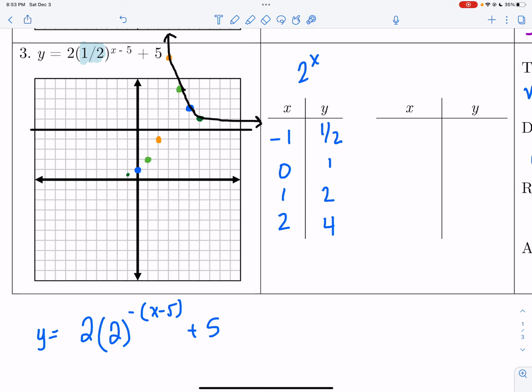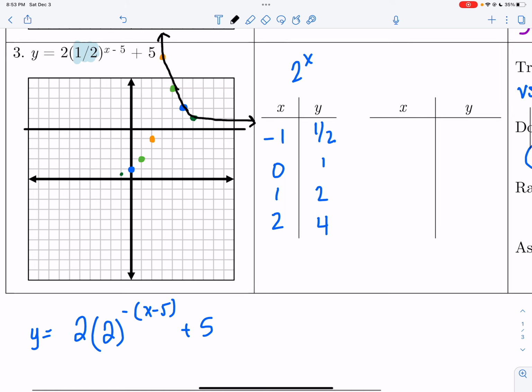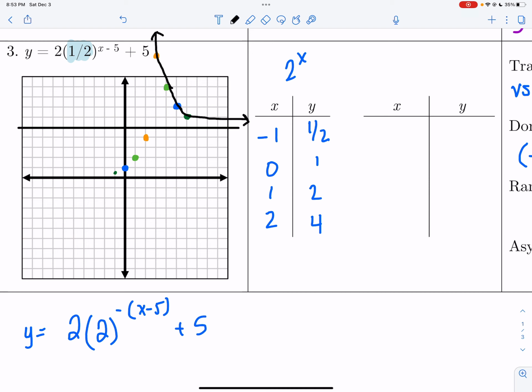So you can see I kept my original ones right here. Using the algebraic way, if I have a vertical stretch of 2, that's multiplying by 2. I have a reflection across the y-axis, and if you saw, if I did a reflection across the y-axis, your x values are changing. So now it turns into 1, 0, negative 1, negative 2. I'm going to go plus 5 for your x because you're going right 5, and then plus 5 for your y because you're going up 5.